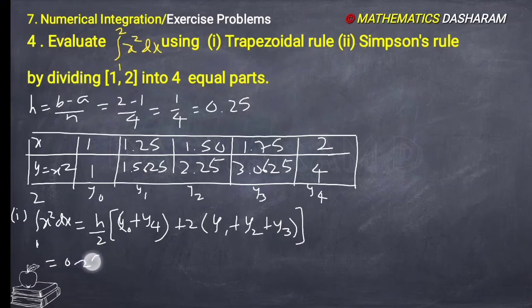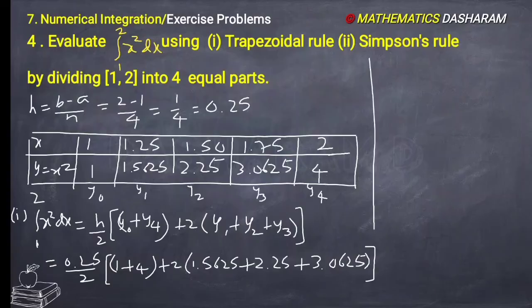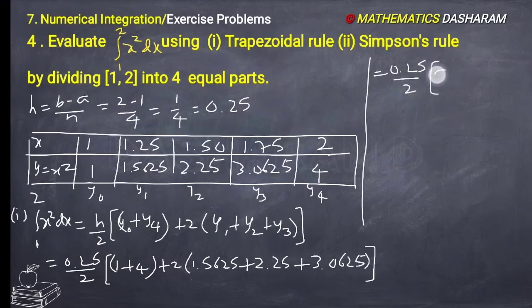H value 0.25 by 2, so it equals 0.25 divided by 2 bracket of 1 plus 4, 5, plus 2 into bracket of 6.875.